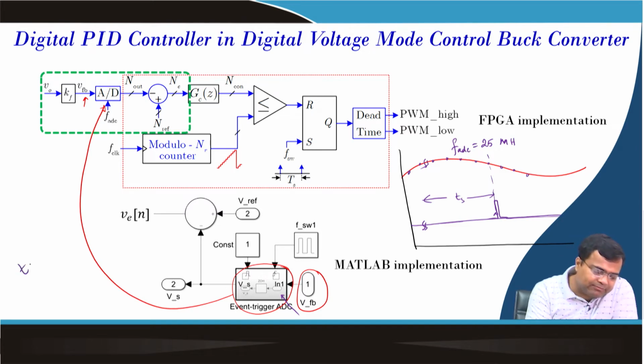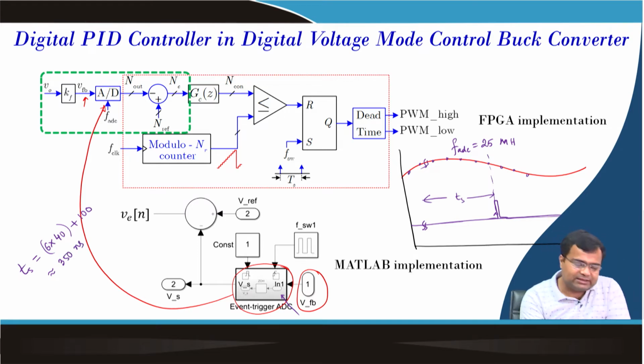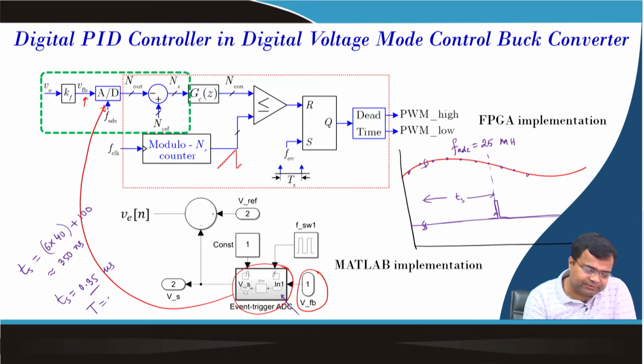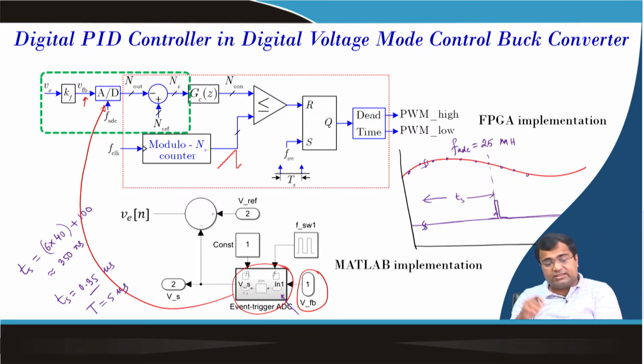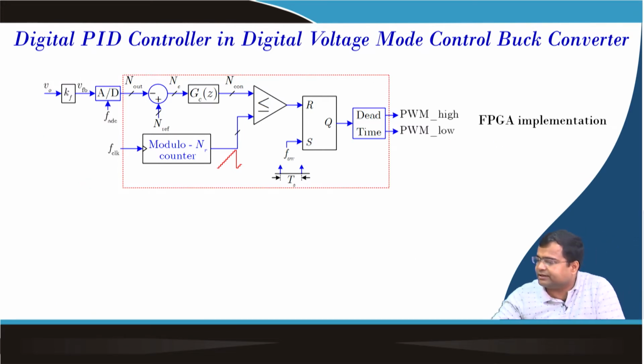Our total delay, for convenience, we are taking 6 times 40 nanosecond plus some additional driver delay and all. So, we are talking about around 350 nanosecond. So, considering 350 nanosecond as the delay, our Ts is 0.35 microsecond, where our switching period is 5 microsecond. So, this is also captured and the delay is considered here.